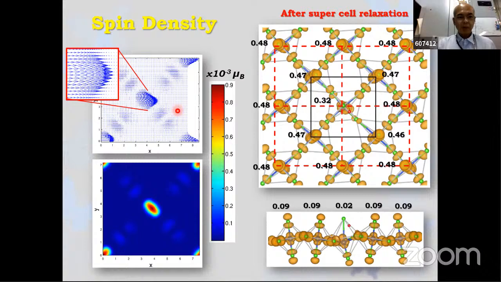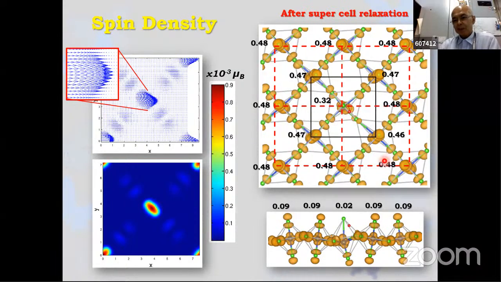If we have a lower density mesh, like 4 or 5 times bigger, this small density becomes zero because of the averaging effect, so we cannot understand how the electrons are distributed around the copper and around this oxygen. But now we can do much finer calculations, find this local density distribution, and find out how much magnetic moment appears on each copper atom.